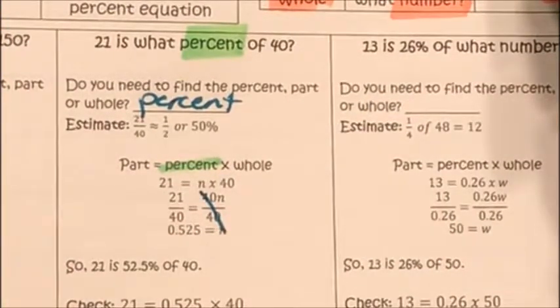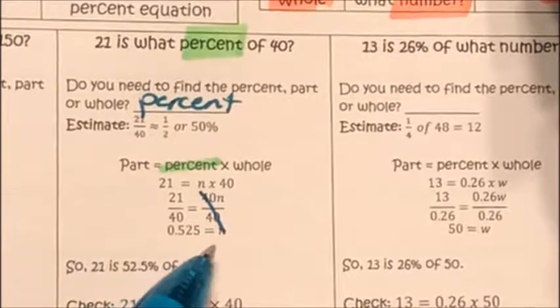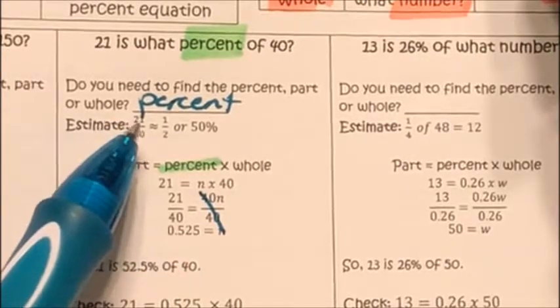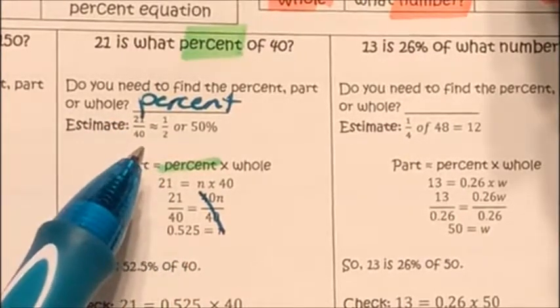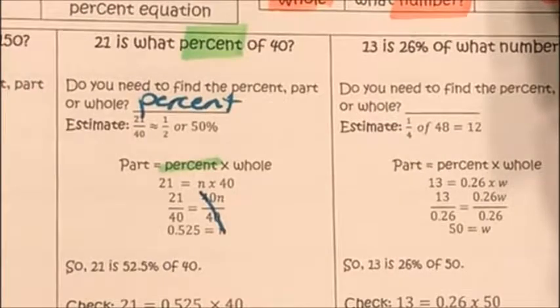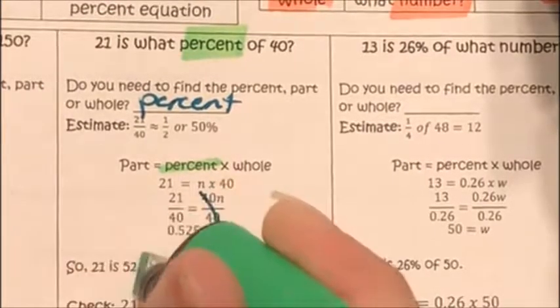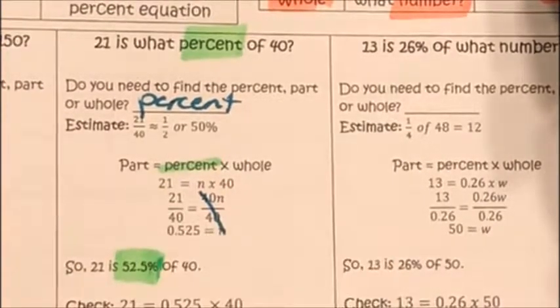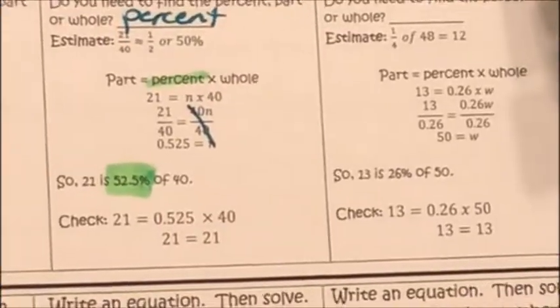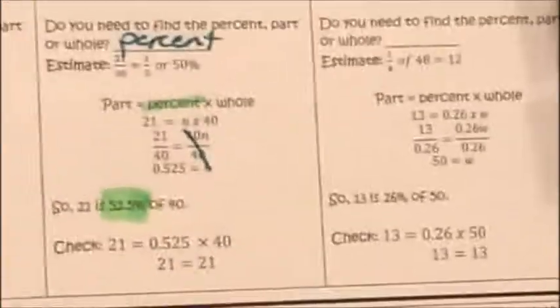So I divided 40 out. I'm left with N. 21 divided by 40 is 0.525. I was looking for a percent, so whenever you're finding a percent, you have to multiply by 100. So 21 is 52.5% of 40. So remember to multiply your answer by 100. Again, you can always double check, go back in, and it should work.